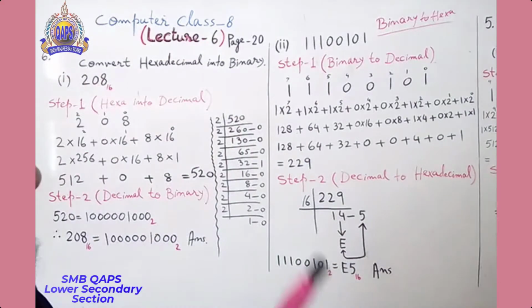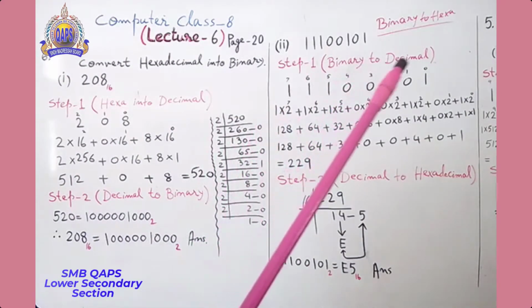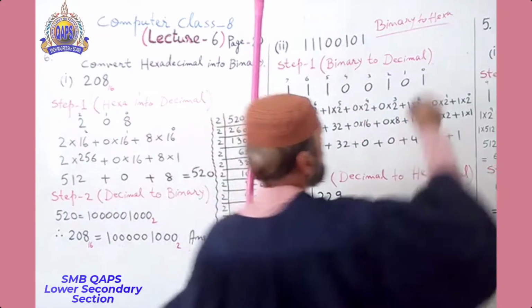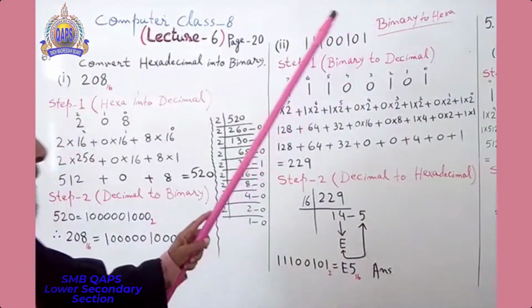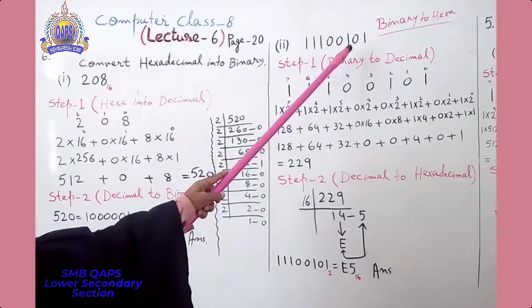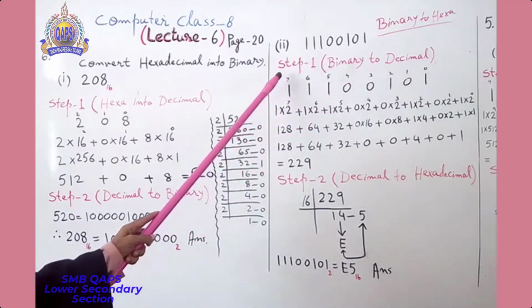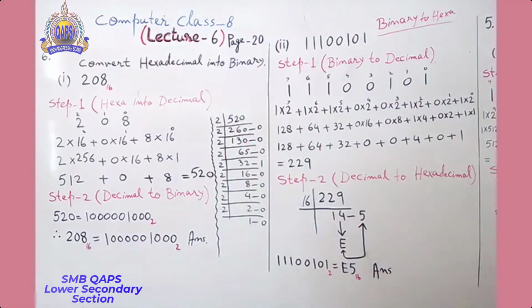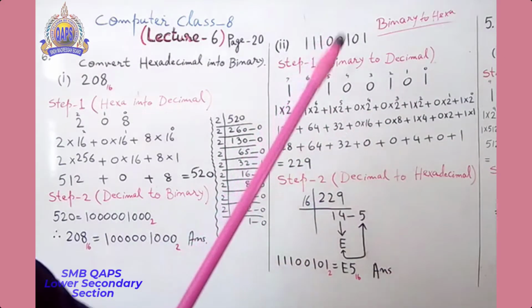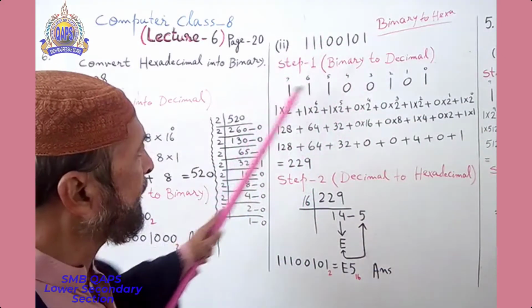The binary number is here in front of you: 1 1 1 0 0 1 0 1. Step number 1, binary to decimal. Now have a look. Write this number again over here.